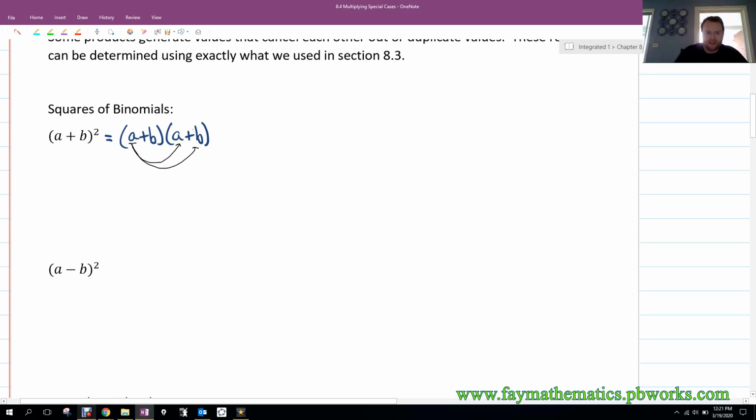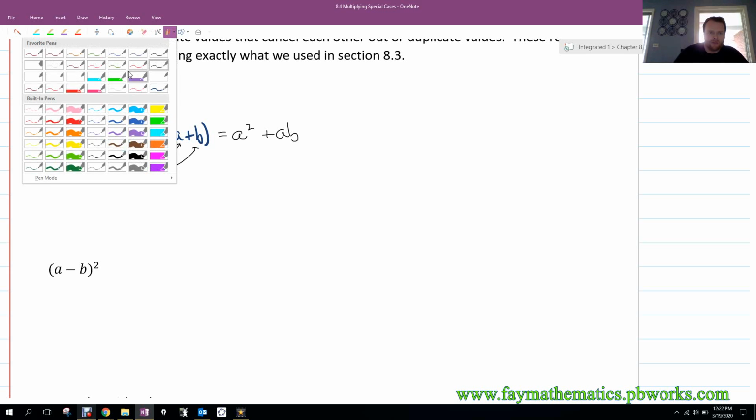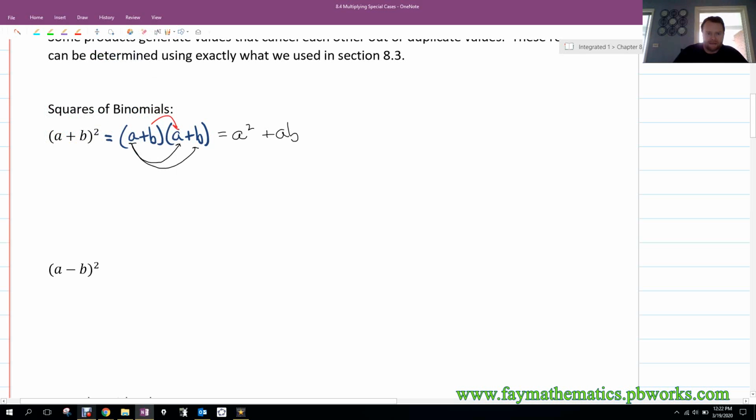So when I go A times A, that gives me A squared. When I go A times B, that gives me AB. Now when I take the second one and multiply there, B times A, it gives me BA, or I can write BA as AB as well. And then I go B times B, which will give me B squared.